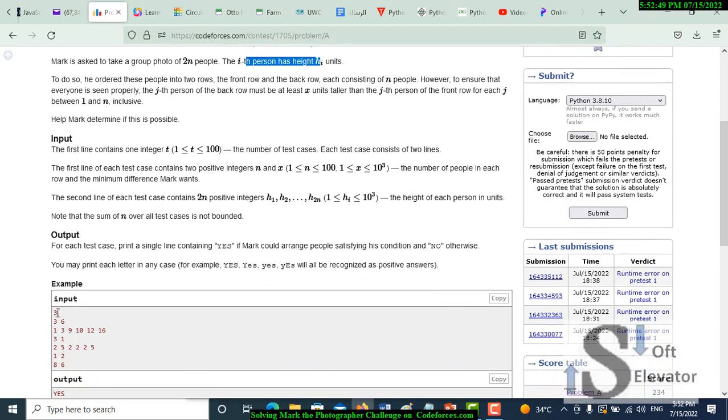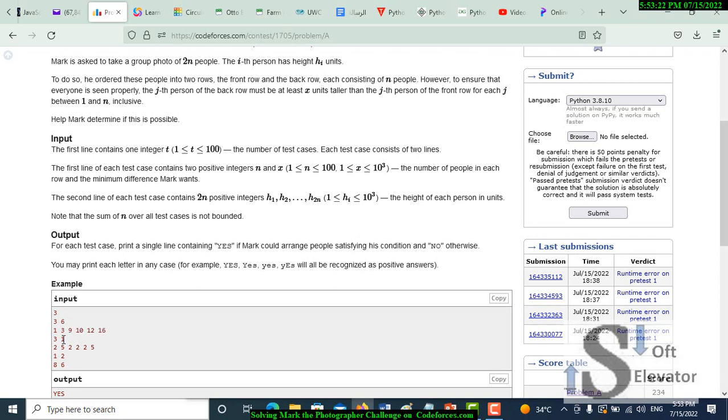So here is the number of tests, here is n people, and here is the difference between the heights of two people, which is 6 units. So we have an array of 2n, because here n is 3, so the array is 6. In the second test we have n equals 3 also, but the difference here is 1.